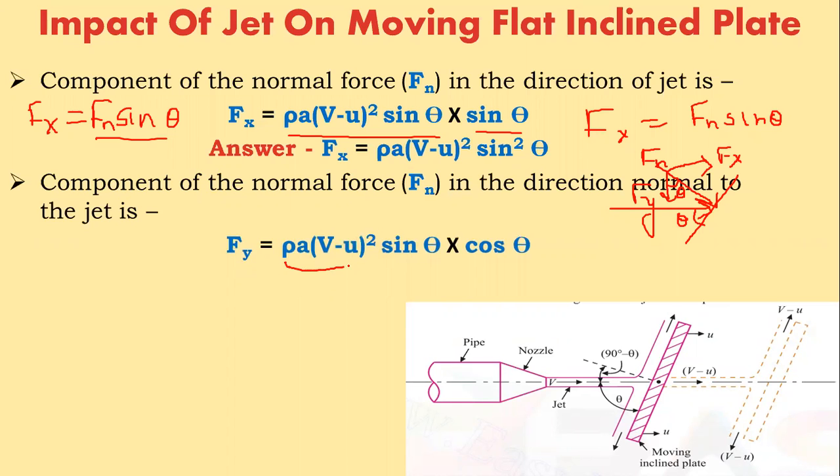So this is nothing but Fn, rho a v minus u square sin theta into the cos component, that is cos theta. So Fy will be rho a into bracket v minus u whole bracket square into sin theta cos theta.